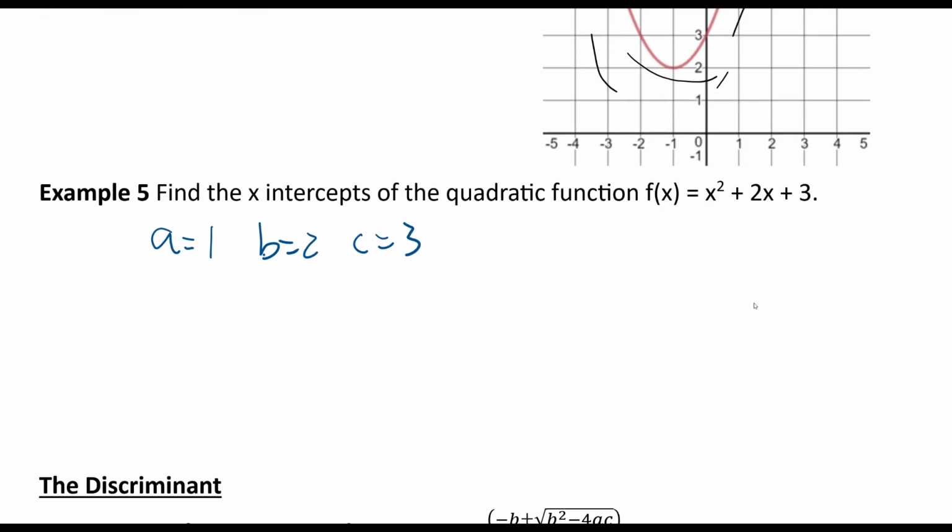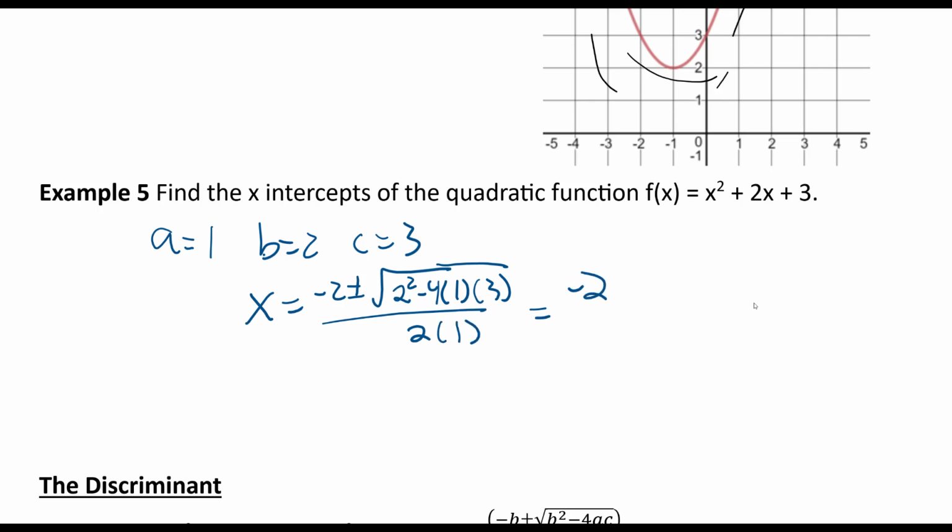So we would be looking at x equals -2 plus or minus the square root of 2 squared minus 4 times 1 times 3 all over 2 times 1. So -2 plus or minus the square root of 4 minus 12, 4 times 1 times 3 is 12, all over 2.